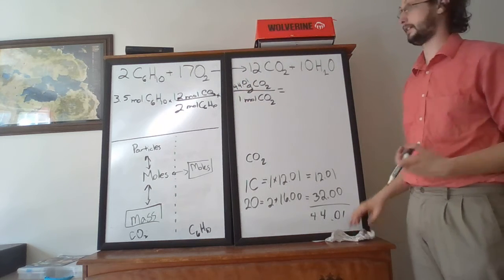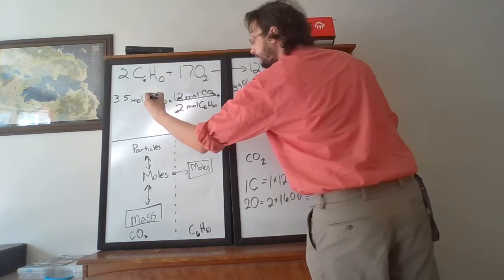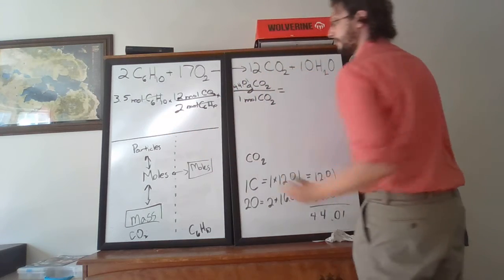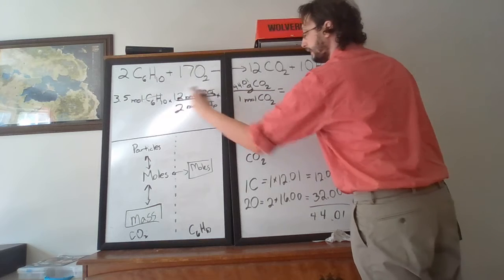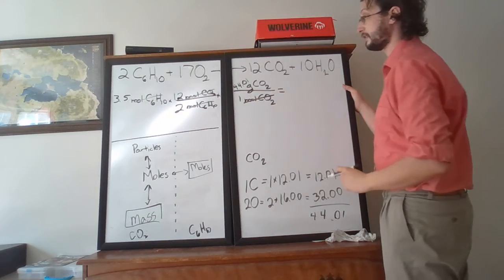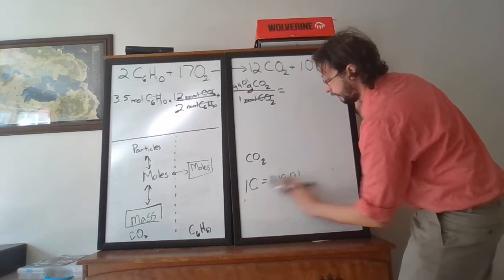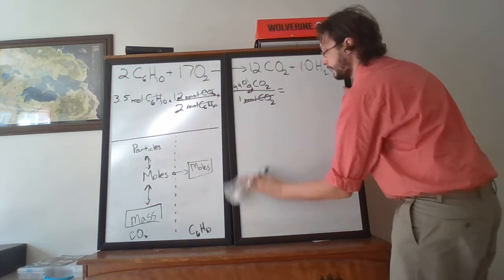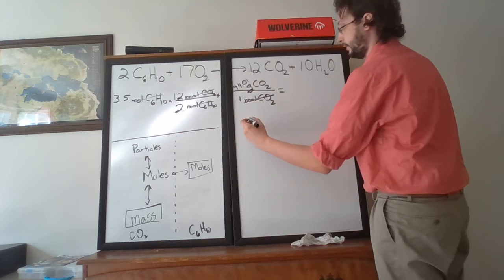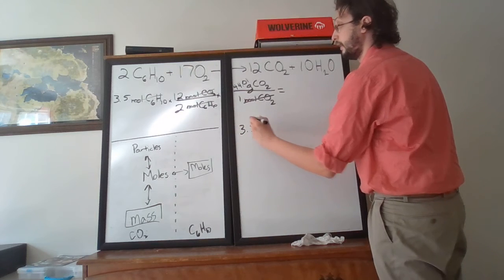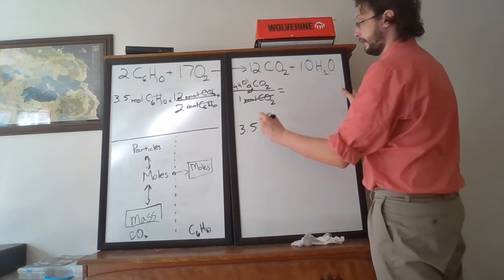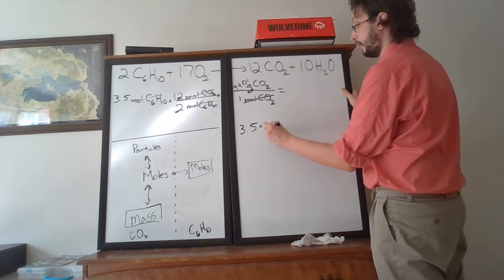Now let's see what cancels out. Moles of hexane cancels out with moles of hexane. Moles of carbon dioxide cancels out with moles of carbon dioxide, and I think that's all that cancels out here. So let's combine all this into one big fraction. We start off with 3.5. Moles of hexane canceled out, so we then multiply by 12.